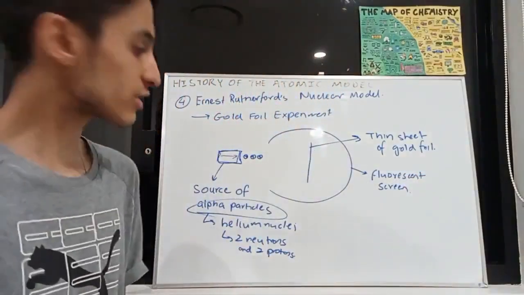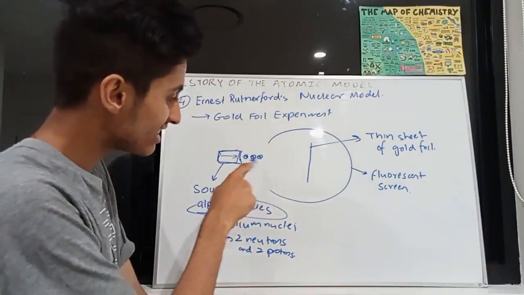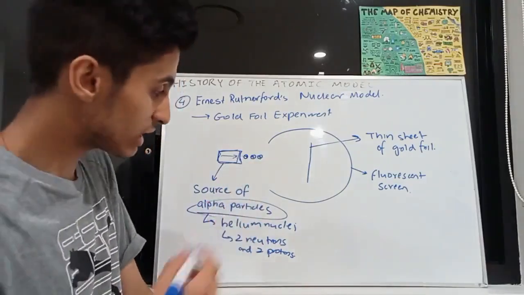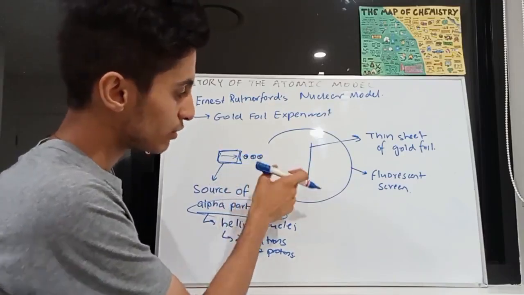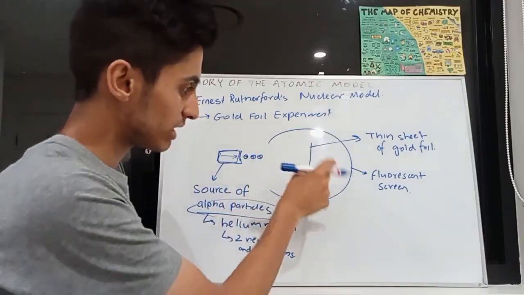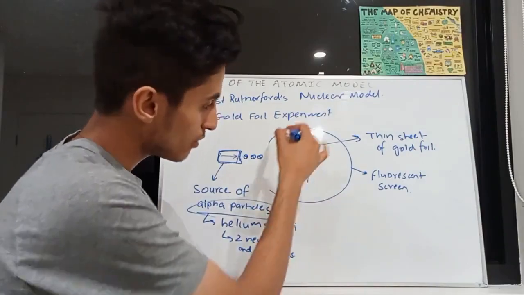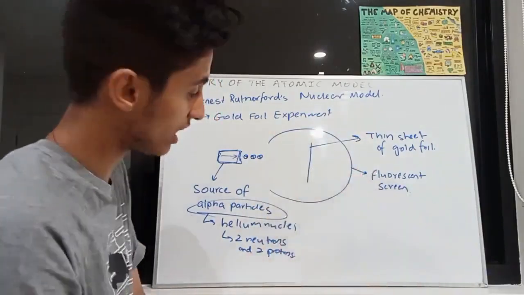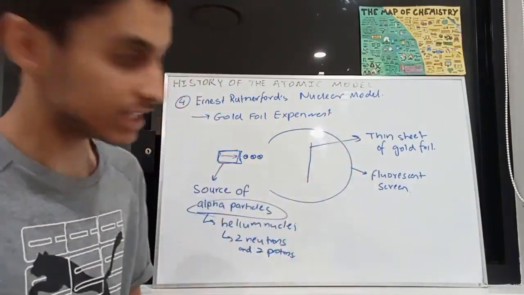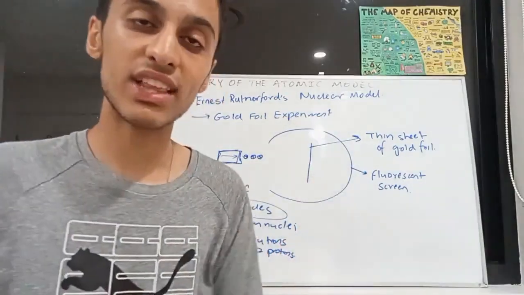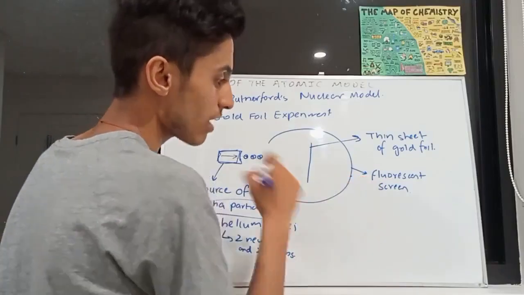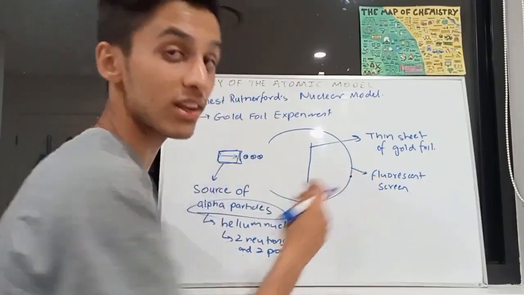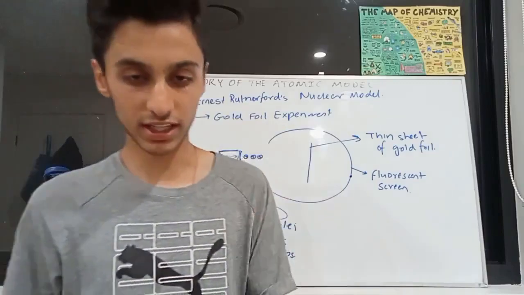As these alpha particles came through and interacted with the gold foil, the fluorescent screen picked up where the alpha particles went. If an alpha particle hit this portion of the screen, this portion would light up. There would be a small spark over here.